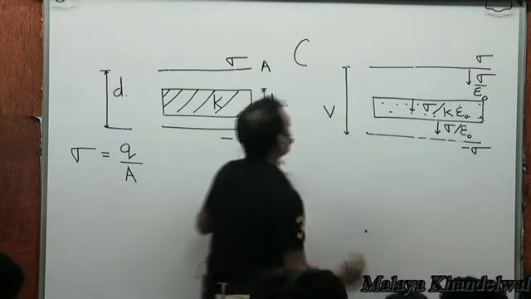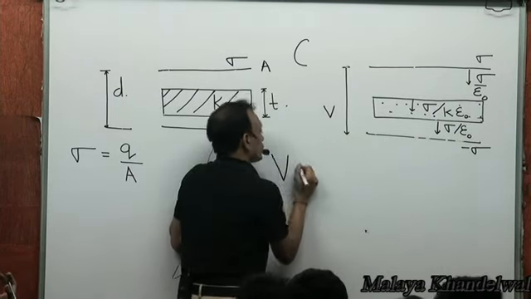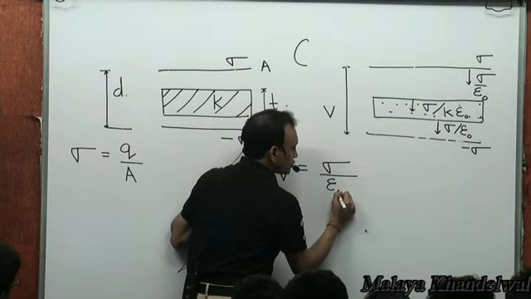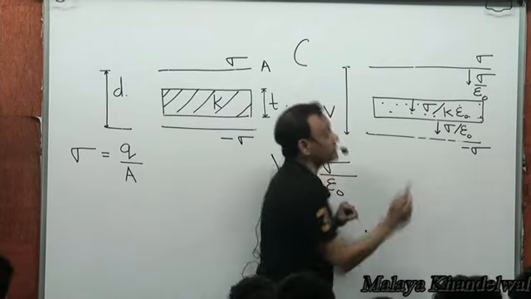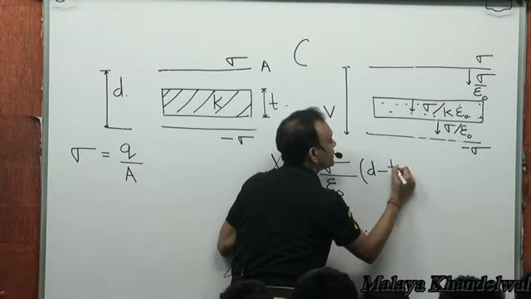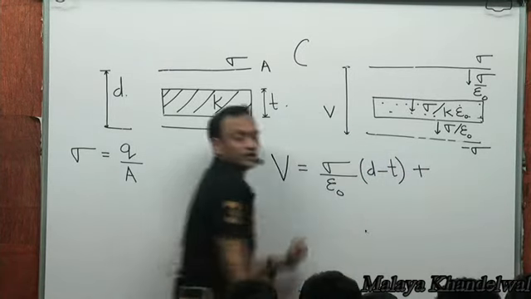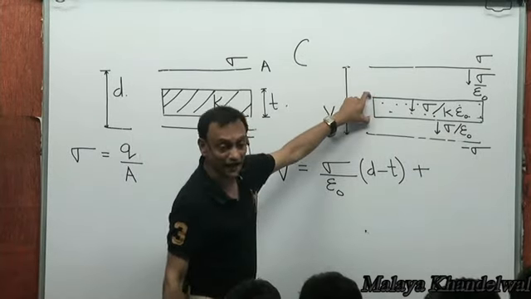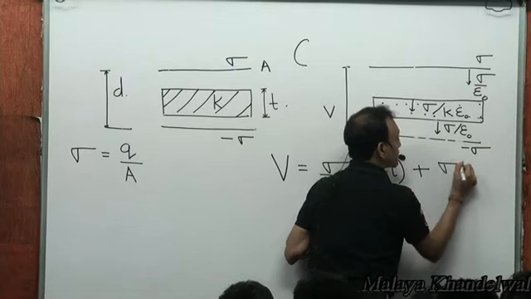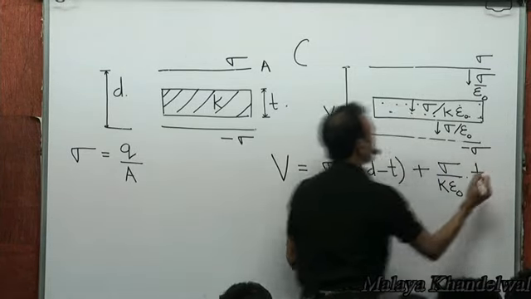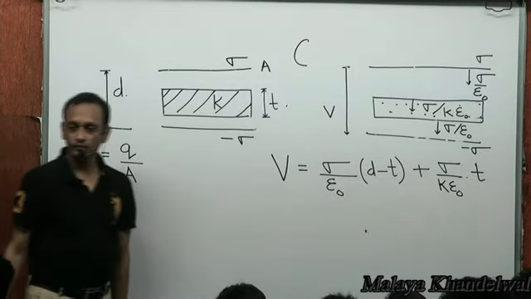The drop in the air region is sigma by epsilon naught, the electric field in the air region, into the traversal D minus T, plus the drop in the dielectric, which is sigma by K epsilon naught into T.